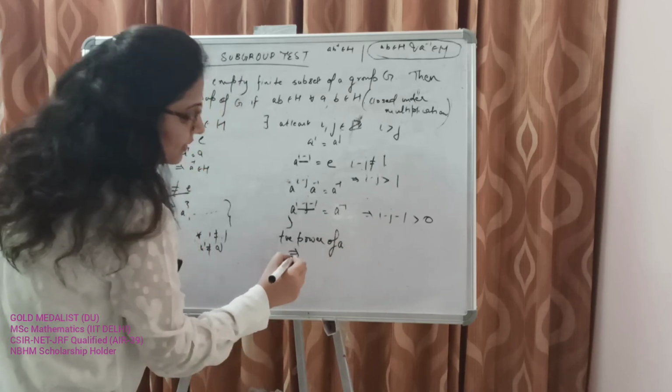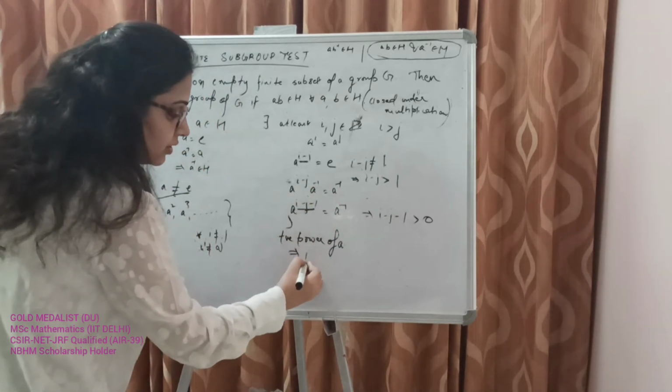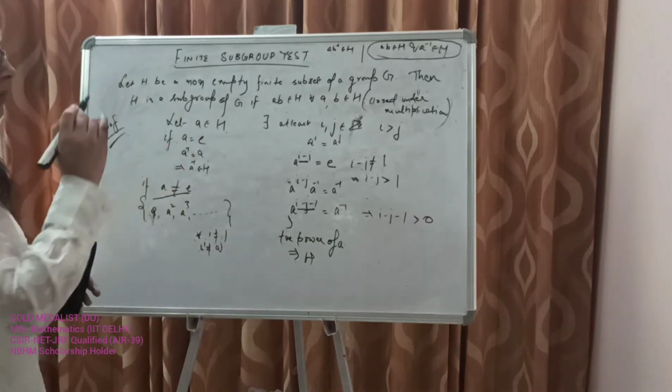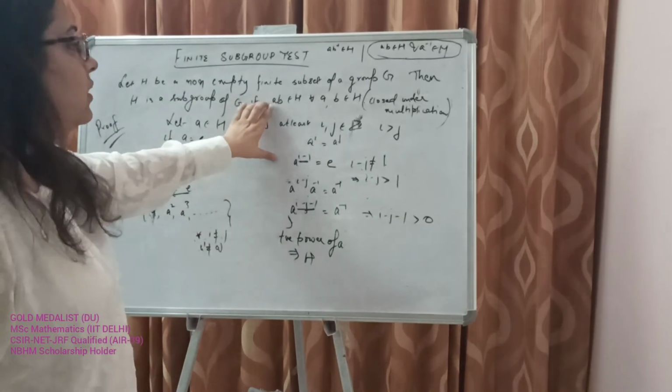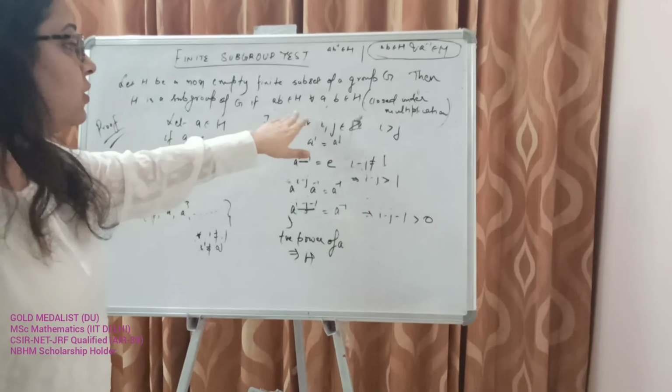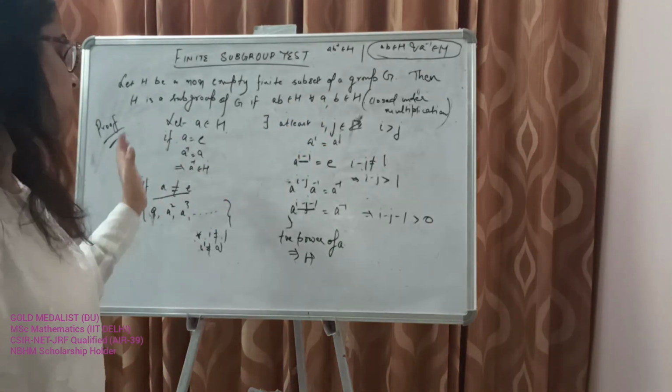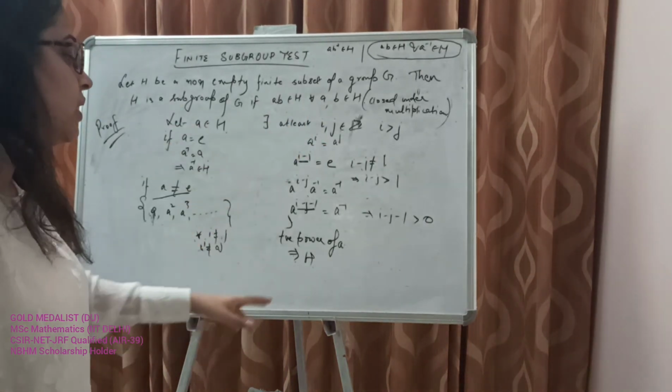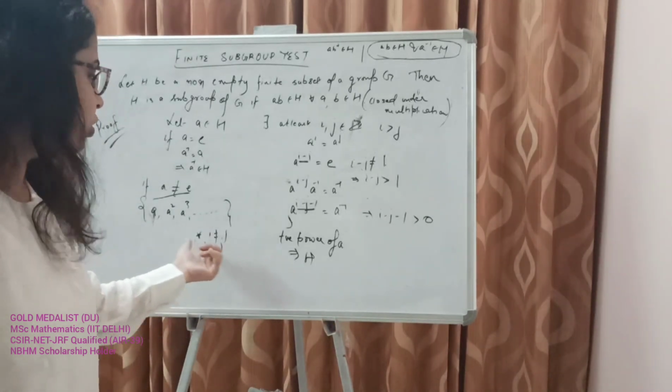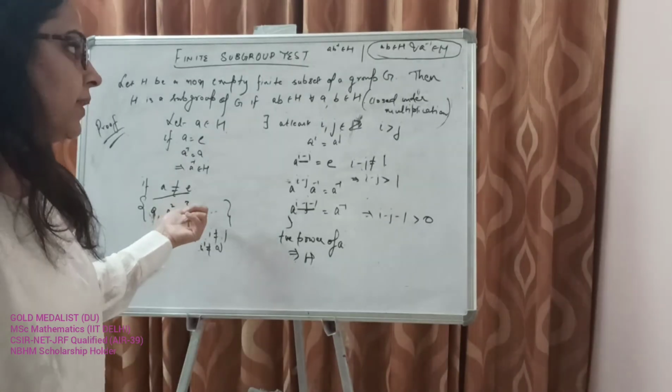this implies this also belongs to H, because if A belongs to H, A into A belongs to H, because it is closed under multiplication. A cube belongs to H, A4 belongs to H. So any positive power of A belongs to H, that we already know by the closure property.